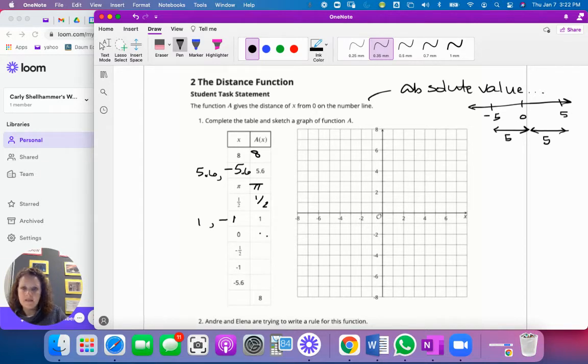0, that's an easy one. -1/2, +1 or -1, and this could be 8 or -8. I mean, I guess we went positive to negative.